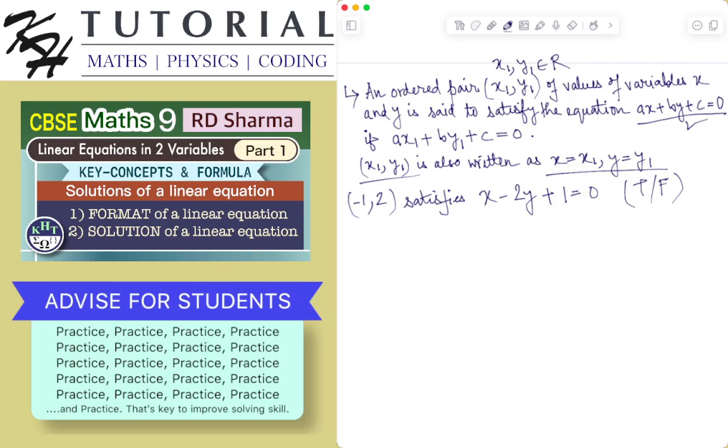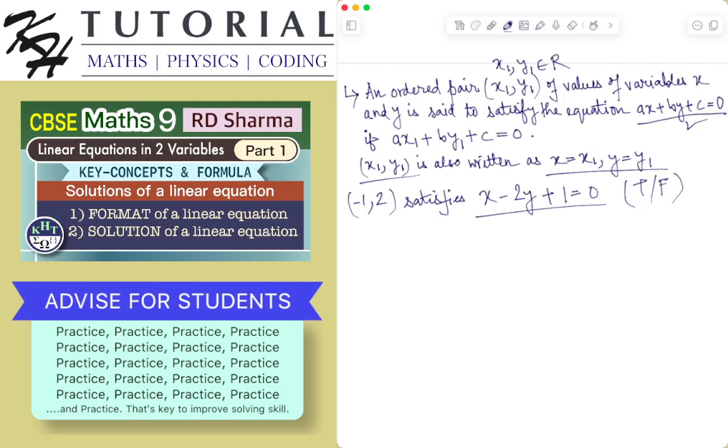To investigate whether the ordered pair minus 1 comma 2 satisfies the linear equation in two variables x and y, we put minus 1 as the value of x and 2 as the value of y in the equation, and see whether the LHS is coming to 0 or not.